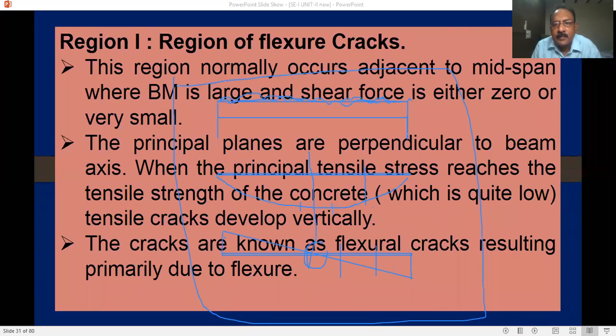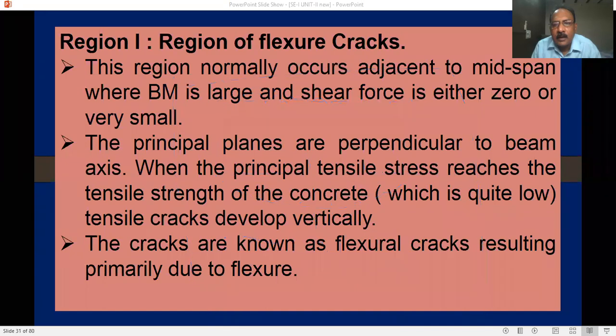This is region 1. In region 1, the bending moment is maximum and the shear force is almost zero at the center or very small adjacent to the center.